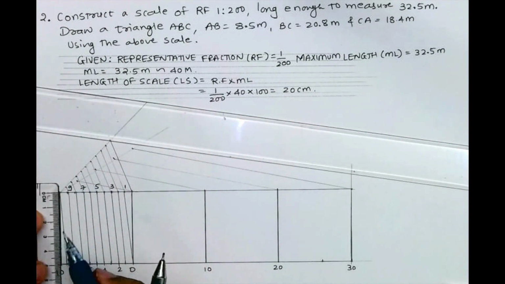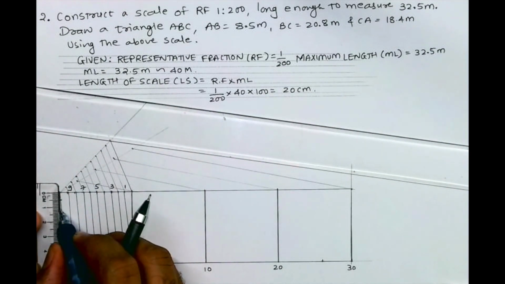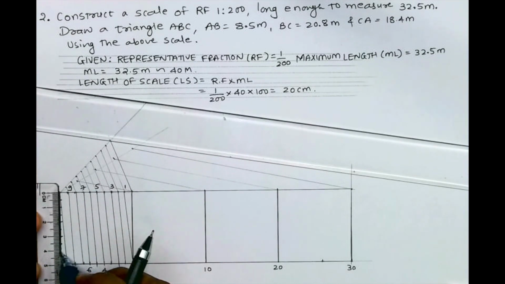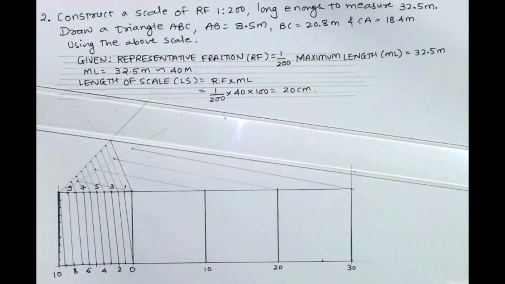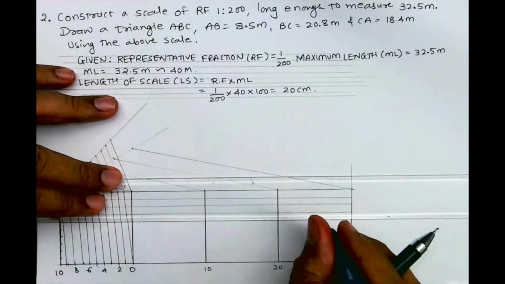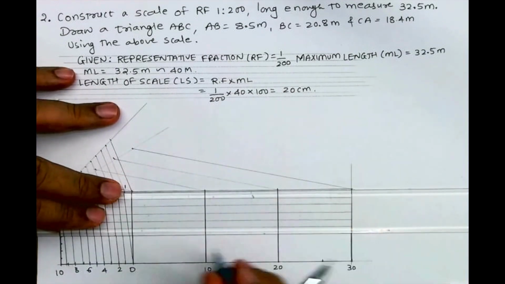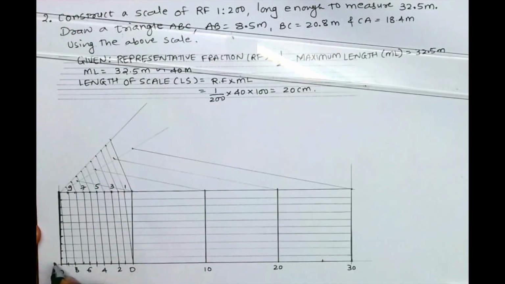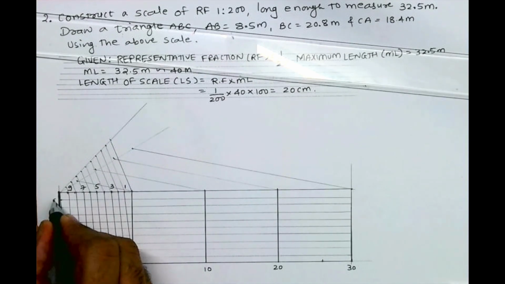Then we'll divide the vertical line, which is 5 centimeter, into 10 parts. So I'll take 5 millimeter, and I will draw a horizontal line. You write 0, 1, 2, 3, 4, 5, 6, 7, 8, 9, 10.